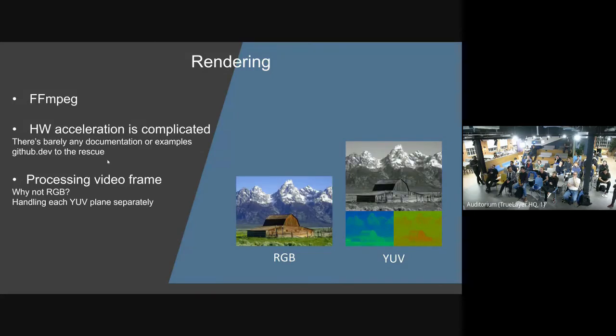However, I needed to implement that, so I had to figure it out somehow. And reading the source code of the FFmpeg CLI program was the only way to figure out what needs to be done. And a great trick here is that when you have a GitHub project open, like for example the FFmpeg project on GitHub, you can just press the dot key on your keyboard and it will take you to github.dev, which is actually Visual Studio Code fully in your browser with that file open.